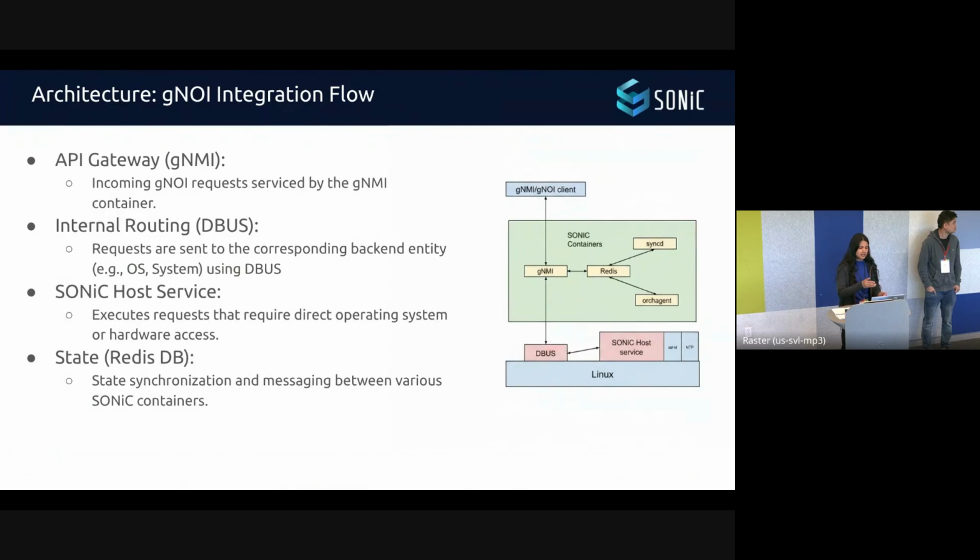Once through the SONiC host service, there is also state synchronization and messaging within SONiC containers that happens through the Redis database. So once, say, an OS installation or a system reboot has taken place, things get updated in the Redis DB, and that is then used for polling status.